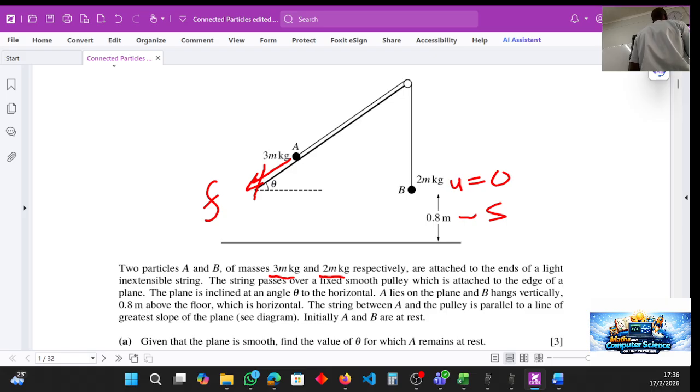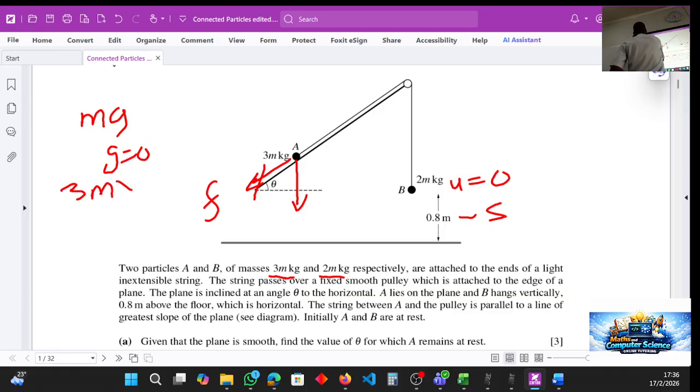Find the value of theta for which A remains at rest. Now, if A remains at rest, it means the whole system is in equilibrium. In other words, if I bring down the weight of object A, remember weight is calculated as mg. My mass is 3m, and we know g is 10. So 3m multiplied by 10 means my weight here is 30m.